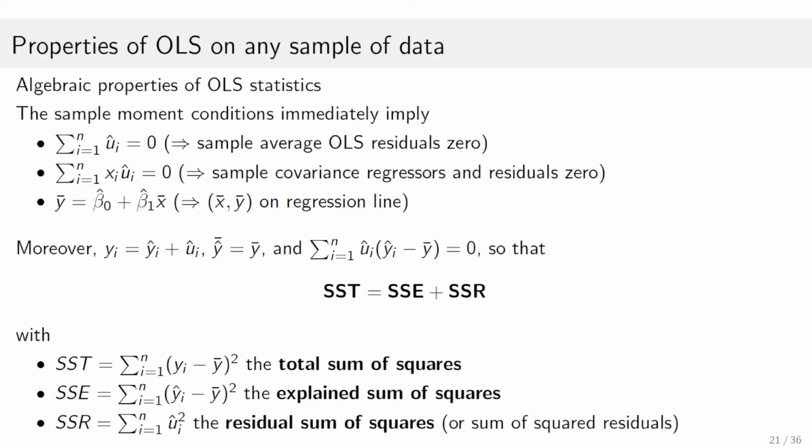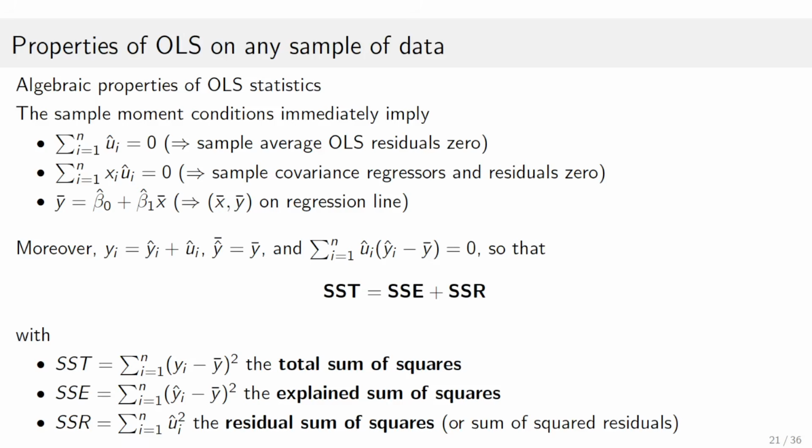So these are things that will always hold, right? So each time you get a sample with data, so just make the thought experiment of getting data, estimating that relationship, getting new data, estimating again that relationship. Every single time your regression line is going to go through the point x bar, y bar, so average x, average y, and each time by construction you get that these two moment conditions hold.